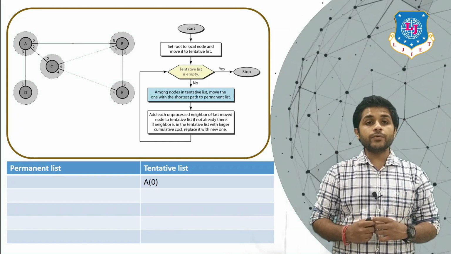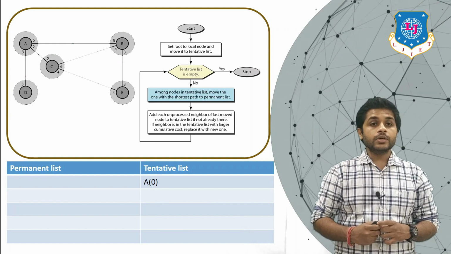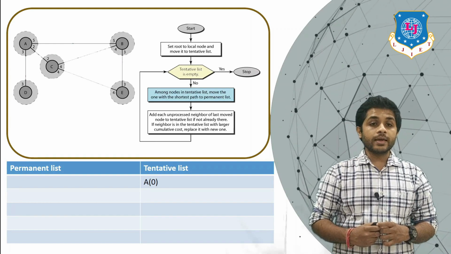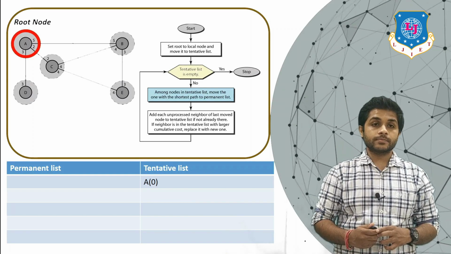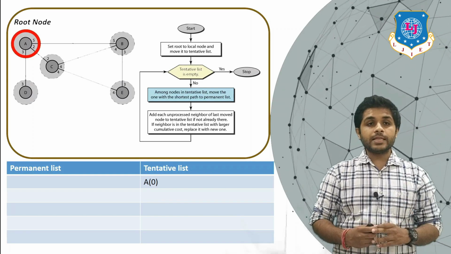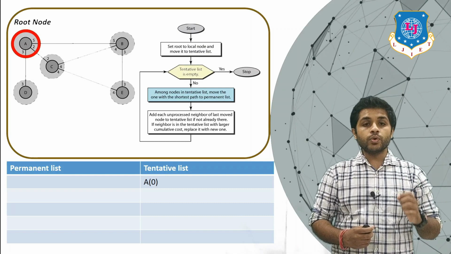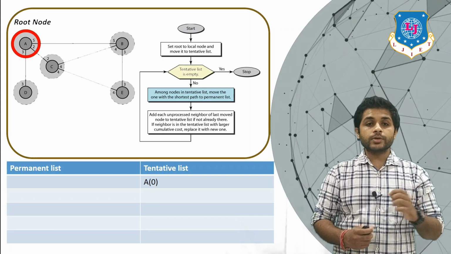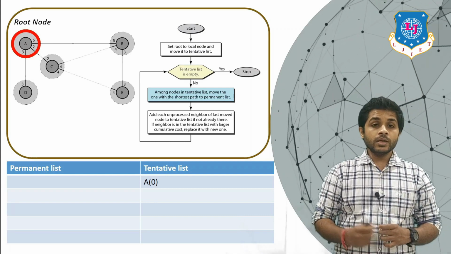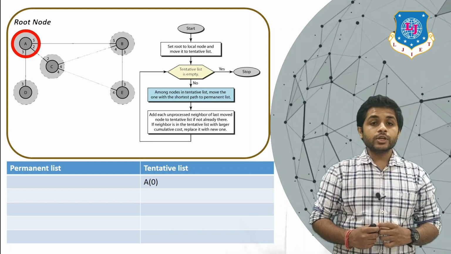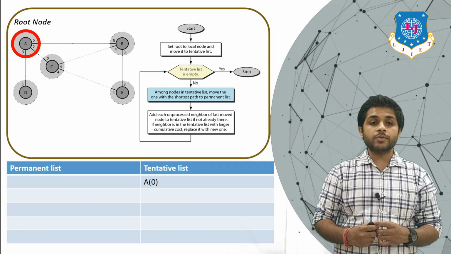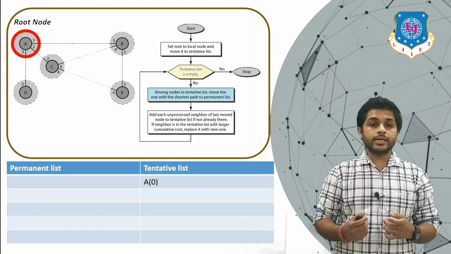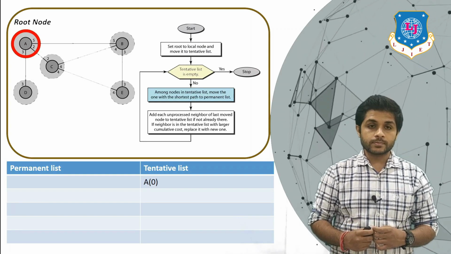So right now we want to find the shortest path tree with respect to router A. So the root node is the device A. So in the first step in Dijkstra's algorithm, we will move the root node into tentative list. The value in the bracket shows the distance from device A. So the distance from itself is 0, so A0 is written in the tentative list.